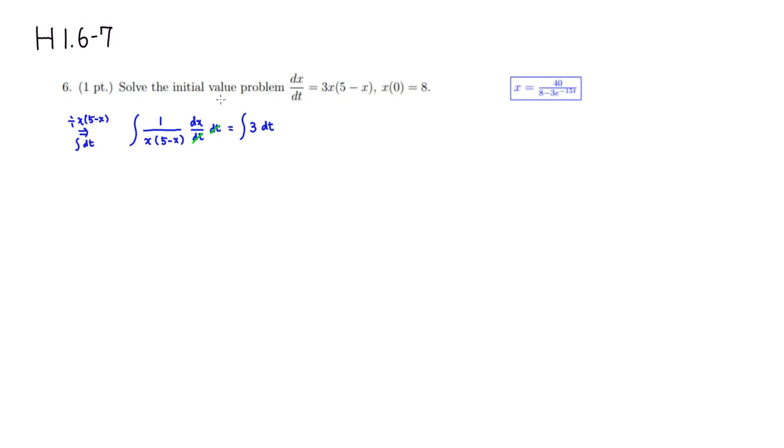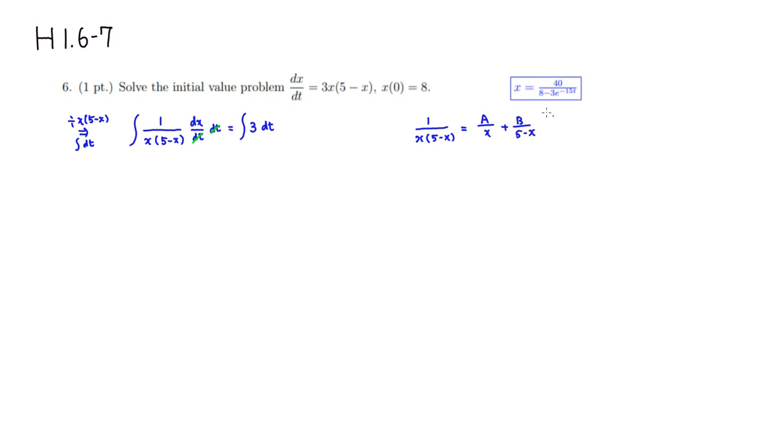Then we're going to do a little bit of partial fraction decomposition. So if you have 1 over x times 5 minus x, we want to split it into a over x plus b over 5 minus x.